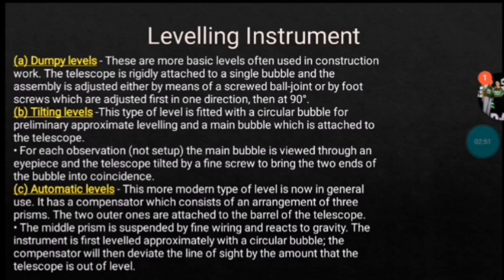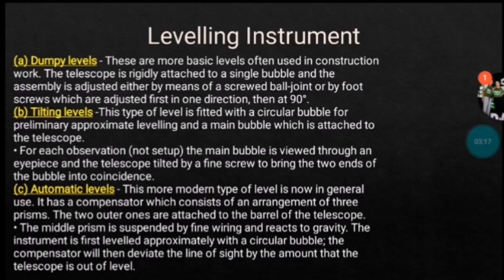This type of level is fitted with a circular bubble for preliminary approximate leveling and a main bubble which is attached to the telescope. For each observation set up, the main bubble is viewed through an eyepiece and the telescope tilted by a fine screw to bring the two ends of the bubble into coincidence.